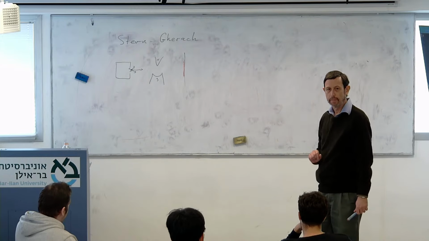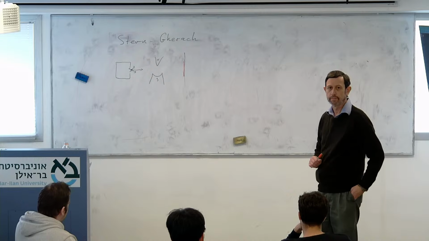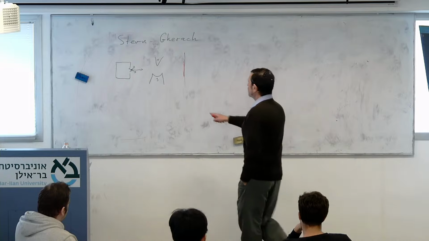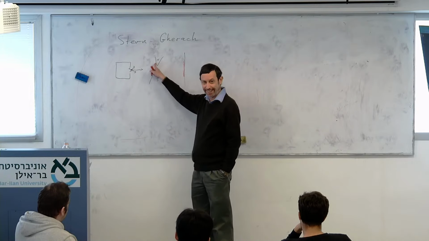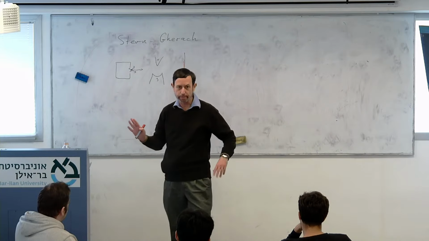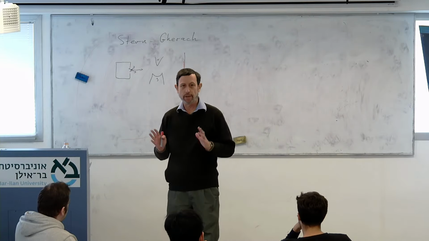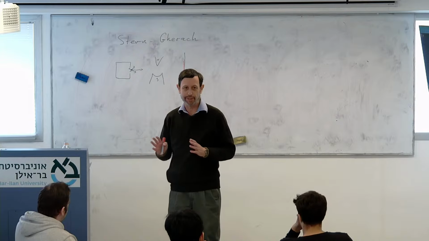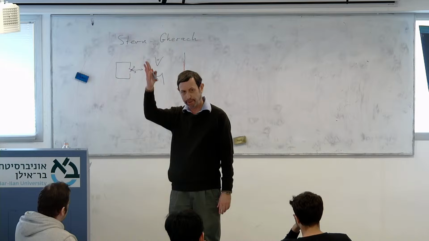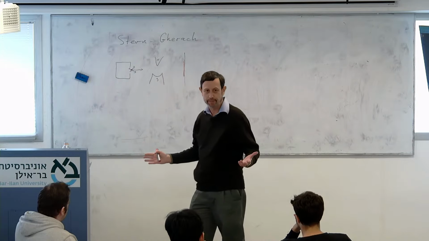As long as the field is inhomogeneous, right? That's why I drew it as inhomogeneous, but I didn't want to go into this detail. Conceptually, it's enough to know that there will be some interaction between the field and the moment, and this will move the particle up or down to some degree.